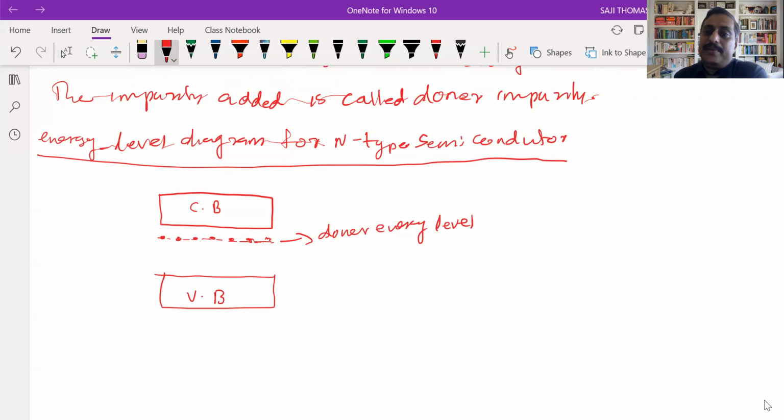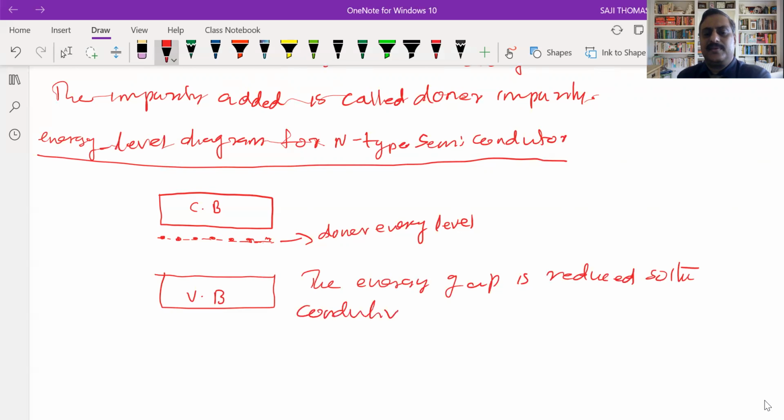So the energy gap is reduced, so conductivity is increased.